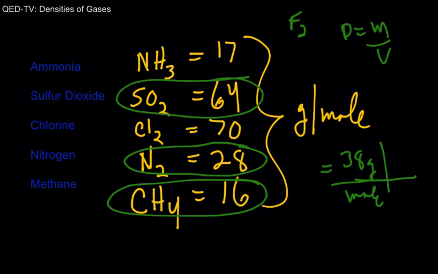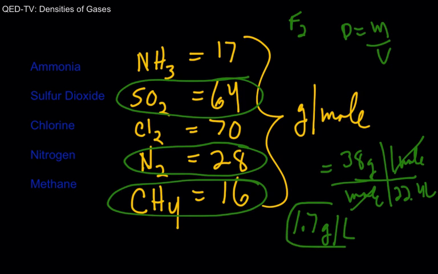And I would just take the molar mass and divide it by the molar volume, which would be 22.4 liters per mole. So I put 1 mole on top and my mole would cancel out. So basically I'm taking the mass, 38, divided by the volume, 22.4. And I could do that, 38 divided by 22.4, and I would get 1.7 grams per liter. That would be the density of fluorine gas.